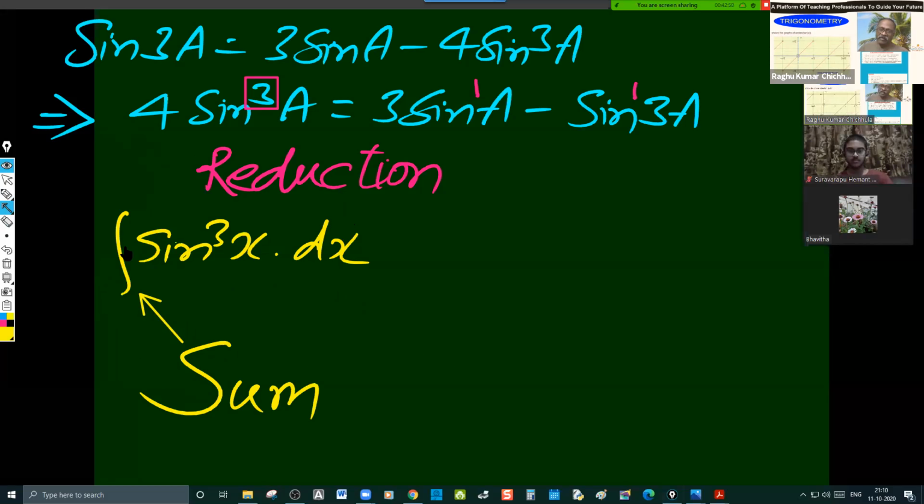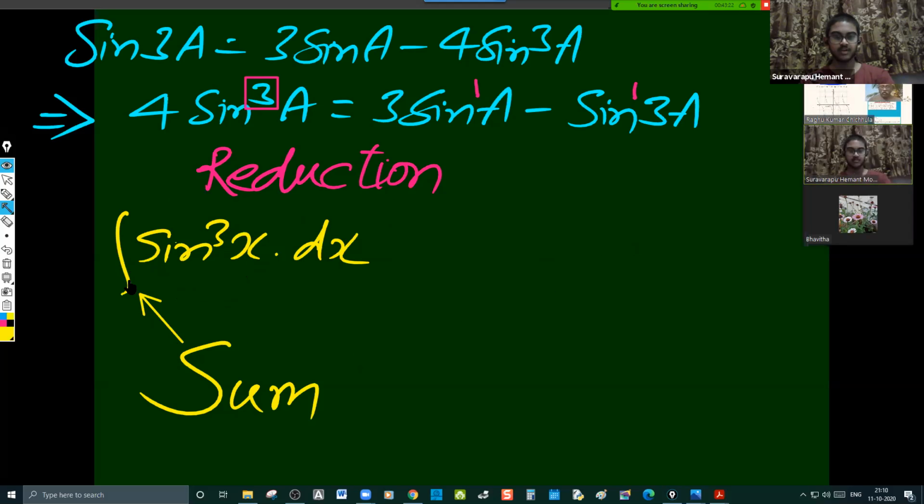S. That means we add them, we sum all the points, finding areas, finding volumes. You'll get this in all your further studies, in engineering, physics and chemistry also.